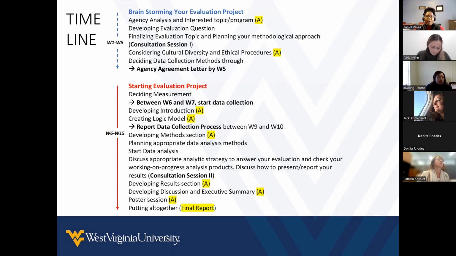And then, soon after that, you're going to develop evaluation questions, right? The questions that you want to answer, or the things that you're hoping to accomplish through that project. At some point, you'll finalize evaluation topics and plan your methodology, right, and what approach you want to use. And there will also be a variety of consultation sessions throughout the semester.